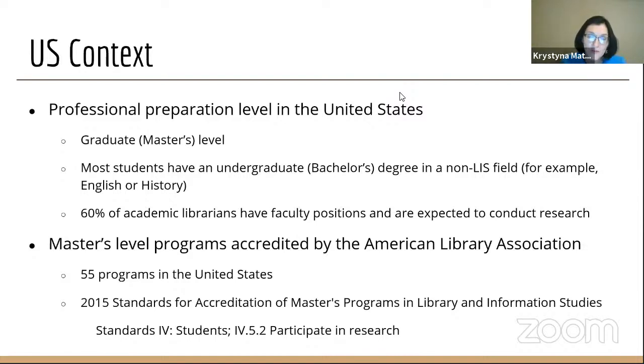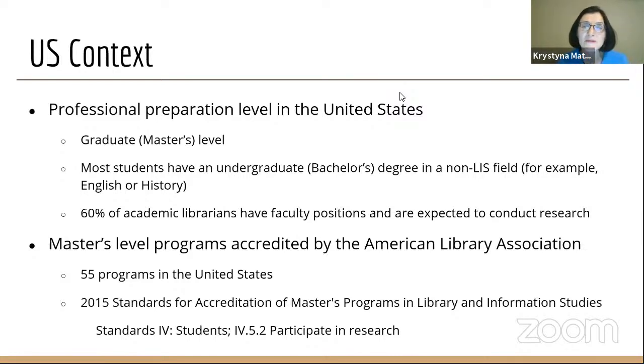However, when they graduate from the master's program in library and information science and start working in academic libraries, they are often expected to engage in research and publish in professional journals. Approximately 60% of academic librarians at institutions of higher education in the United States are expected to conduct research.